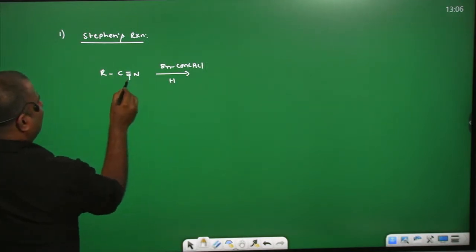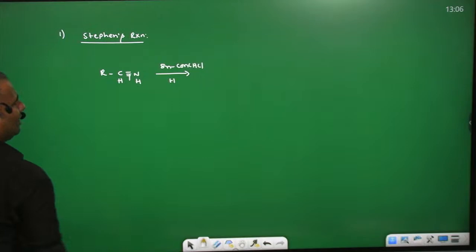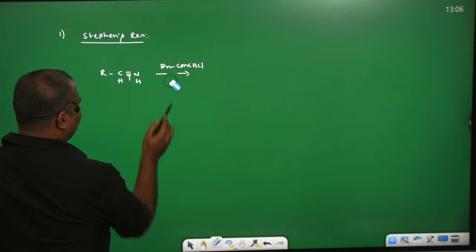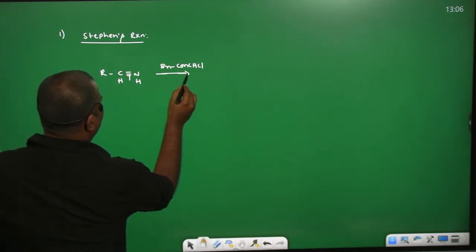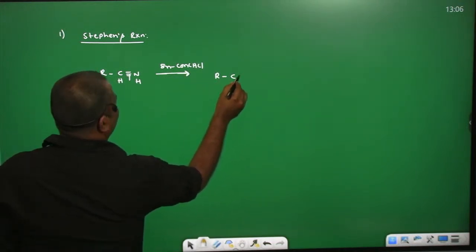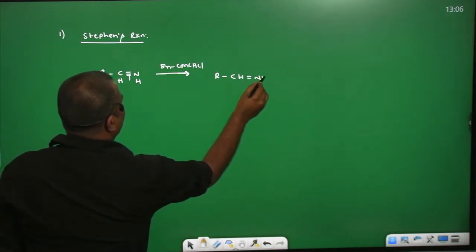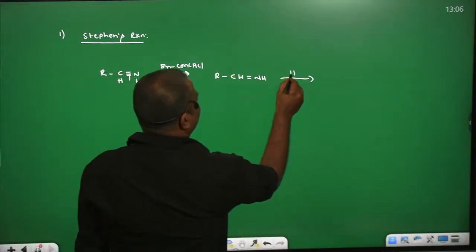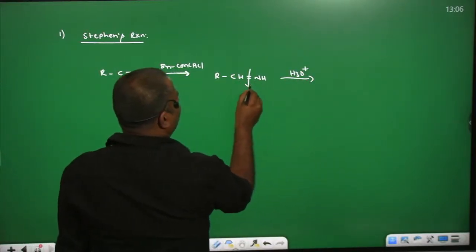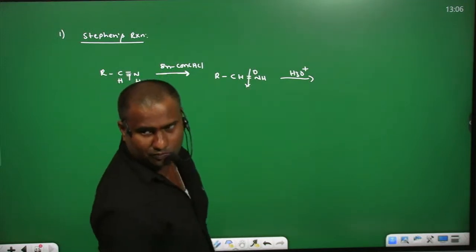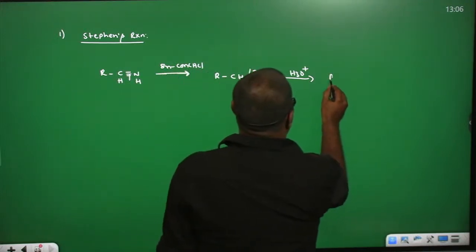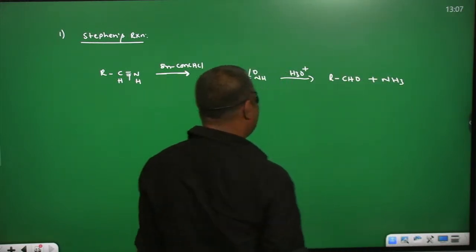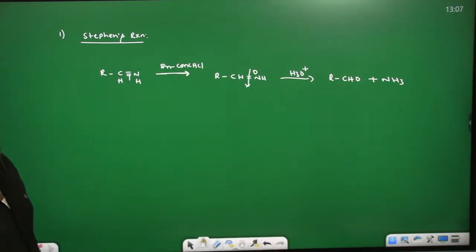Tin and concentrated HCl means one bond can be broken and hydrogen, hydrogen added. So it can provide an imine, RCH double bond NH, which on further acidic medium hydrolysis with H3O plus, this bond breaks and O is added. So it brings RCHO, and the NH turns into NH3.